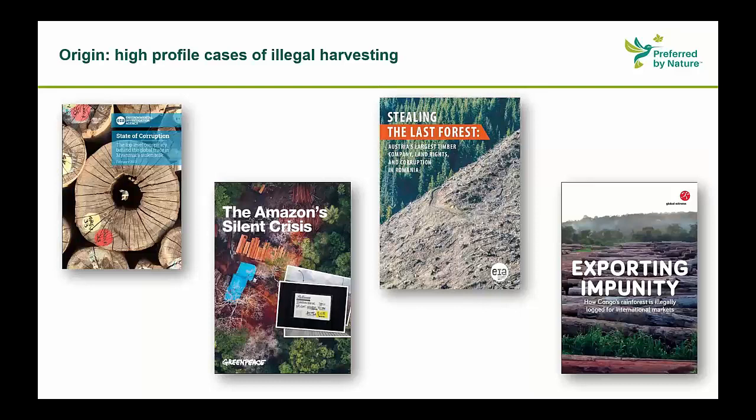Here we just have a few screenshots of a few cases that are under the radar. Sorry. So I think we have Burma, Ukraine, Congo Basin, and Brazil, being the main target and the main documented areas where illegal harvesting can happen.